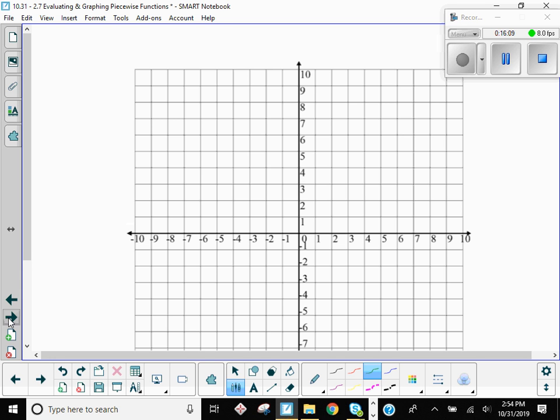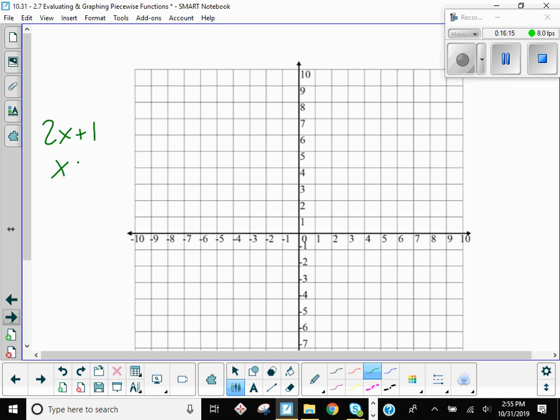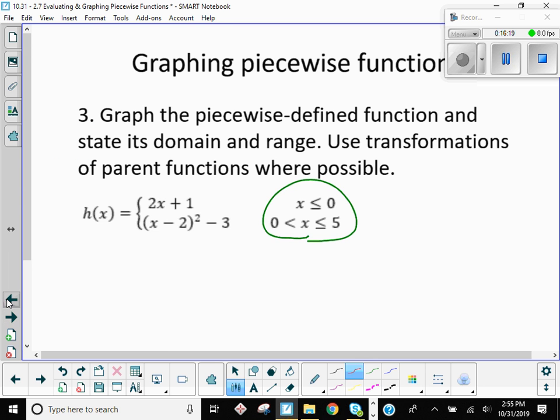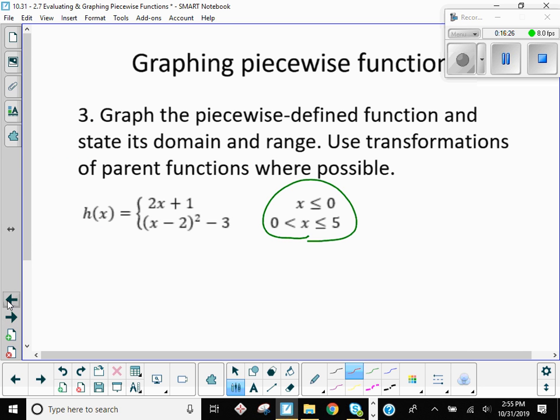So let me write these. I've got 2x plus 1, x less than or equal to 0, and then I've got x minus 2 squared minus 3 from 0 to 5.